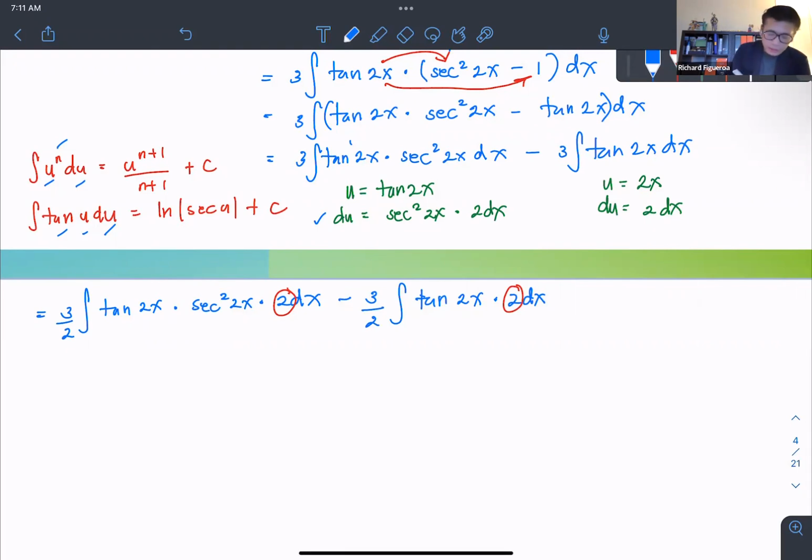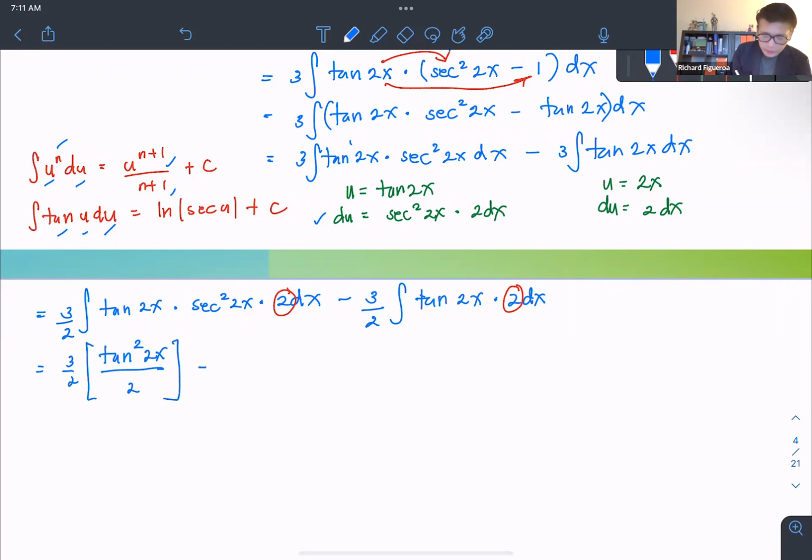Thus we can now integrate this. For the first one, we use the power rule. So 3 all over 2, multiply it with this one, u raised to n plus 1. So tangent 2x, our n is 1. 1 plus 1 is 2, all over 2. So that is for the first term.